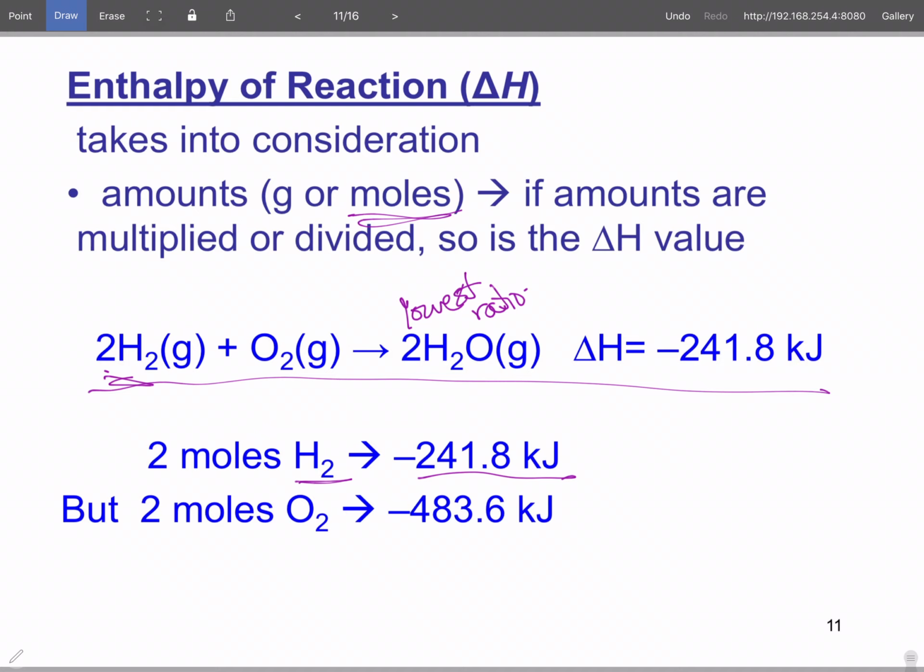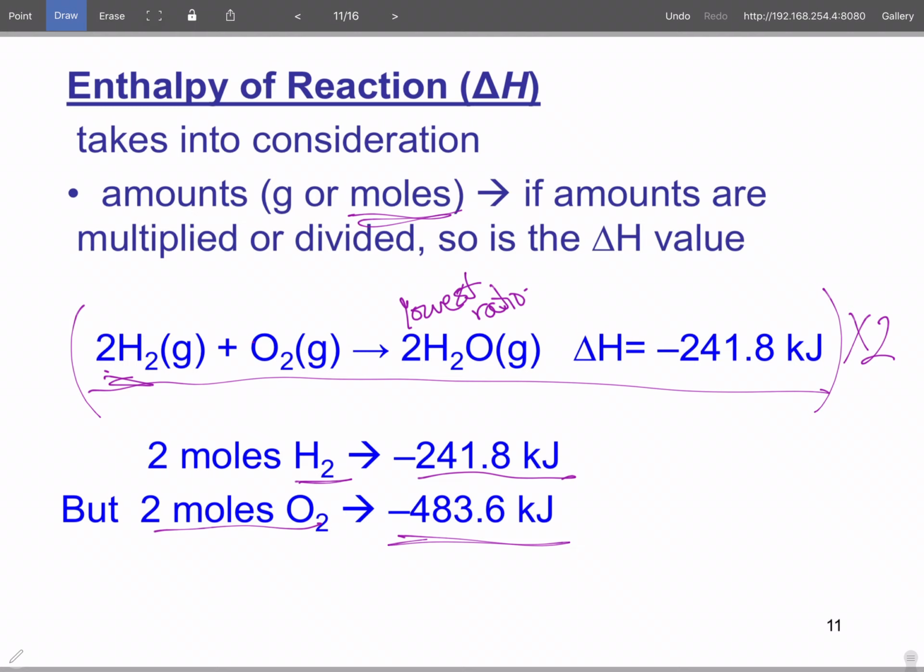But if we have 2 moles of oxygen, that means we would have to multiply everything by 2, and we would actually generate double that amount of energy given off as we go. Okay?